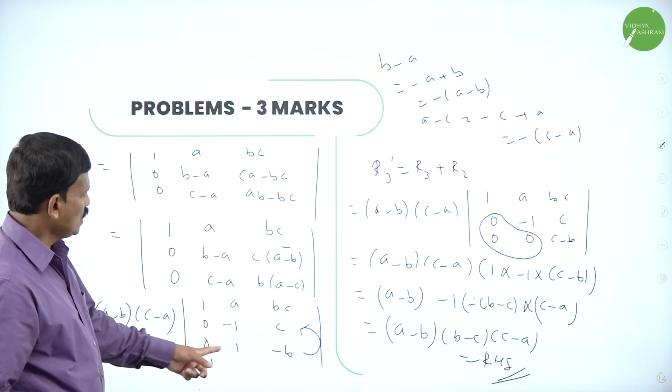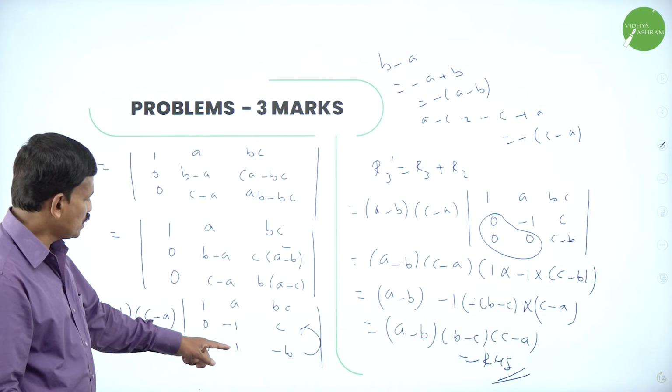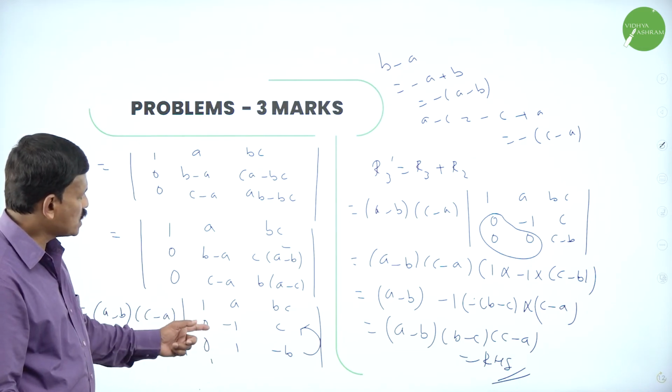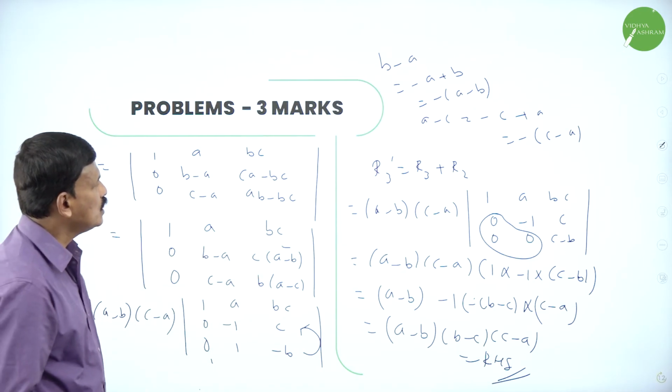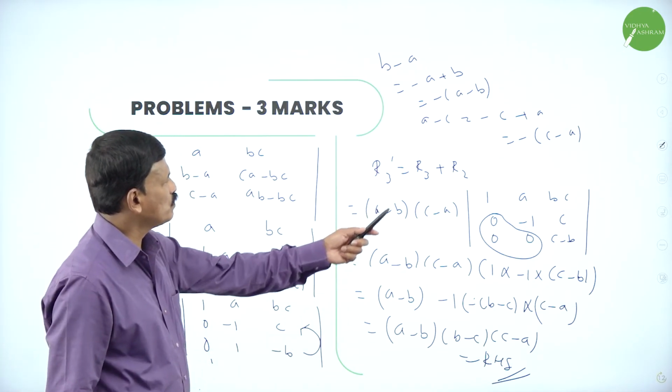So convert this element as 0. For this just add R2 plus R3. If you add R2 plus R3, plus 1 minus 1 gets cancelled, 0. Taking R3 dash is equal to R2 plus R3.